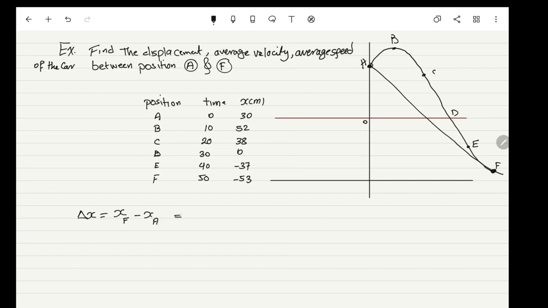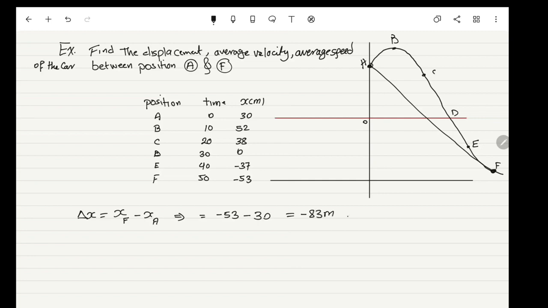In this case, xf is the position of the car at F, which equal to -53, and the position at A equal to 30. In this case, the displacement equal to -83 meters.